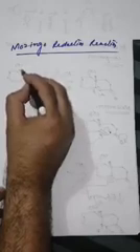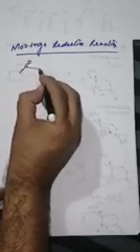This reaction involves the conversion of carbonyl compounds such as ketone or aldehyde using dithiol in the first step, followed by the reduction using Raney nickel.